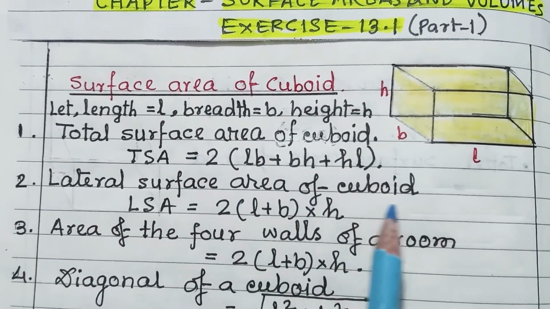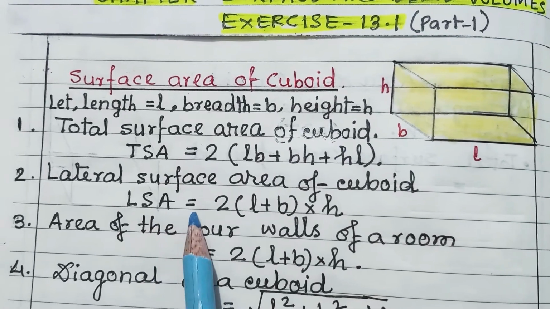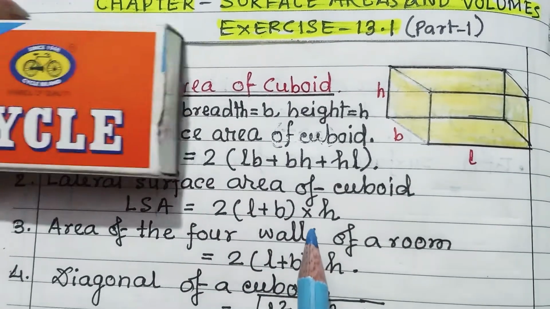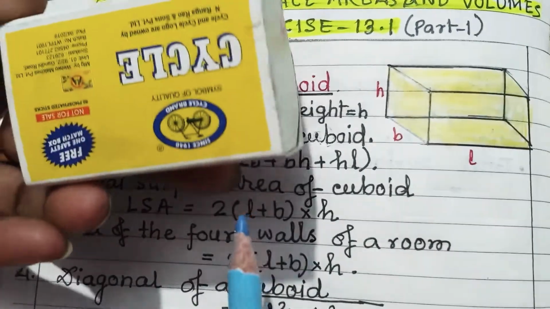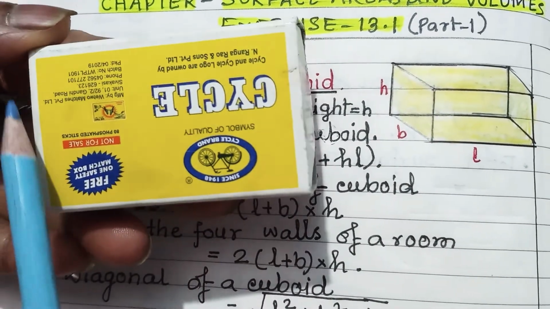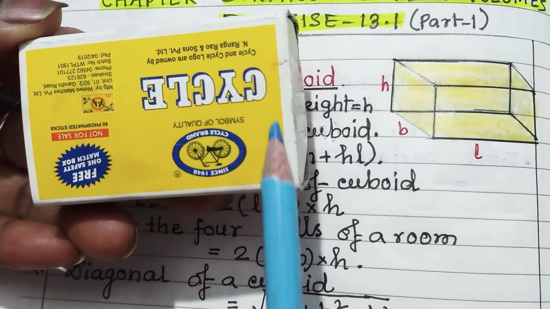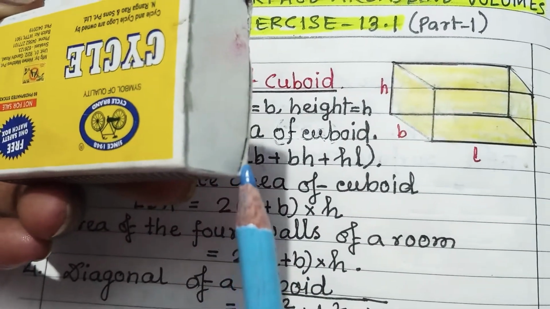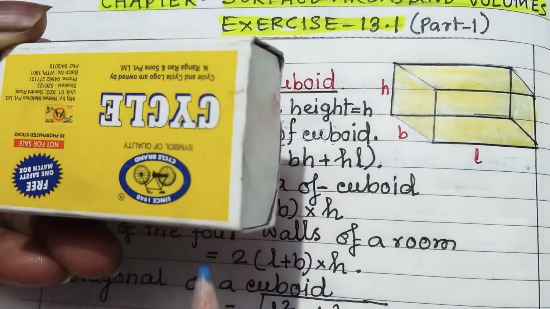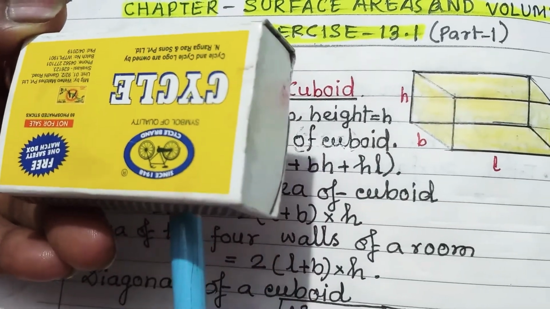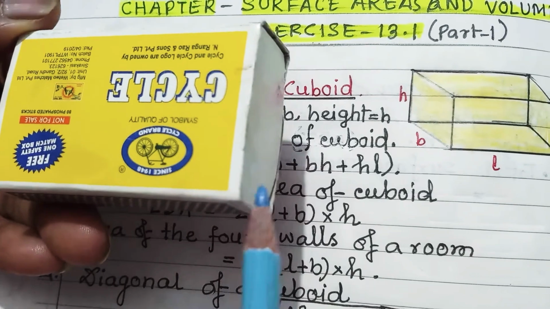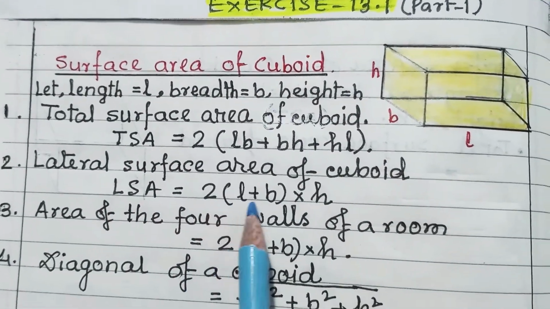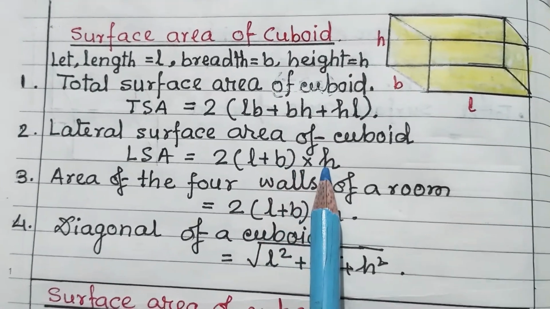Lateral surface area of a cuboid, LSA, is 2 into (length plus breadth) into height. Now check it here. This is the height. That is the area of 4 walls, not the top and bottom. So except top and bottom, the 4 walls, the formula is 2 into (length plus breadth) into height.